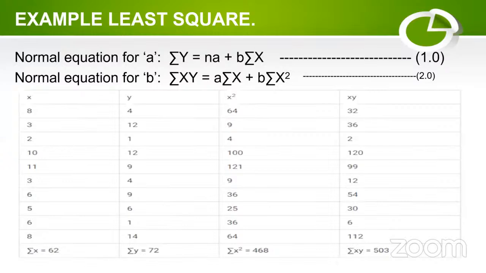So the value of x squared here is given as 8 squared or 3 squared, since in our summation we are trying to sum the values of all our x squared and the values of our y. That's why we have it like this. So it makes more sense. You have the first x to be 8, then y to be 4, x squared 64.